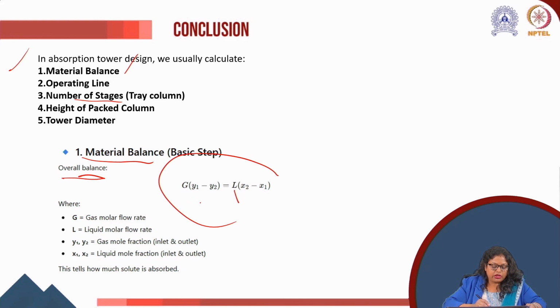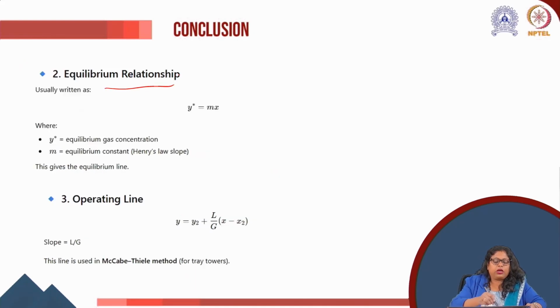So G(Y1 minus Y2), where Y1, Y2 are the mole fractions at inlet and outlet, and X2, X1 are the mole fractions at outlet and inlet. This tells us how much solute is absorbed. Then we have the equilibrium relationship Y star equal to mx, where Y star is the equilibrium gas concentration and m is the equilibrium constant or Henry's law slope.